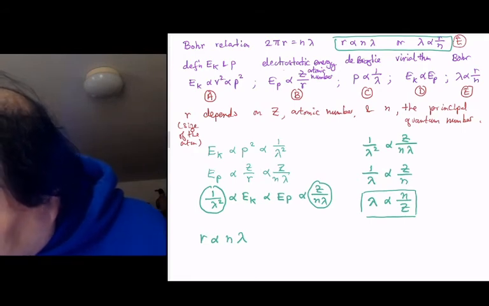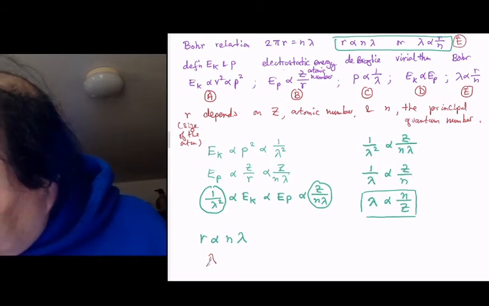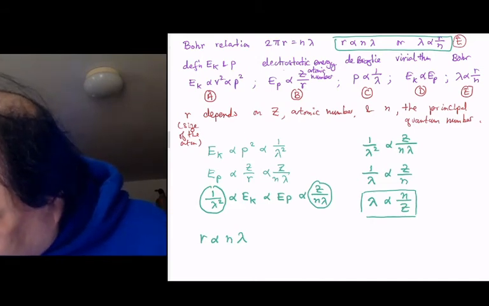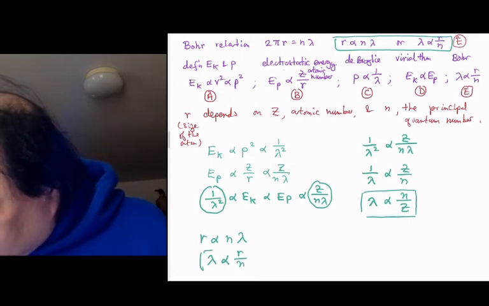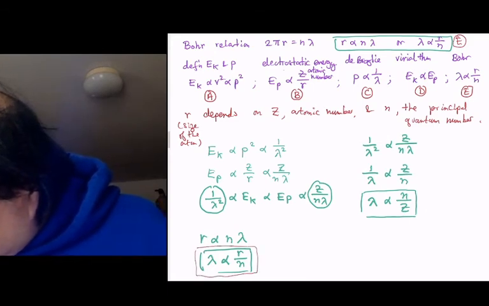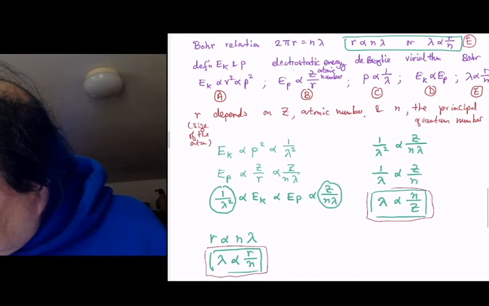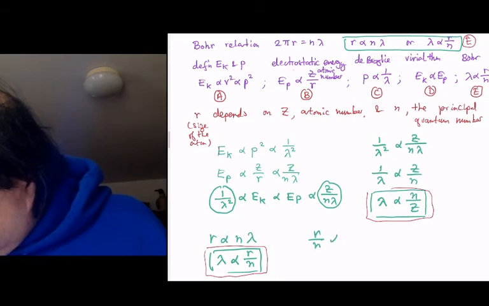Therefore, lambda by algebra is proportional to R over N. We combine this relationship here with this relationship here, and so we get R over N is proportional to lambda.